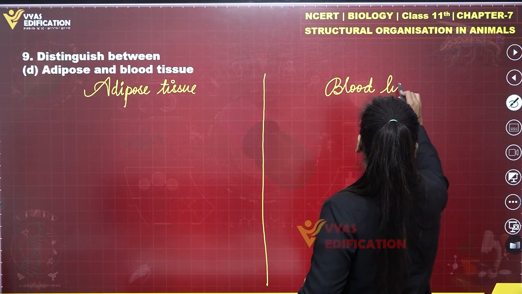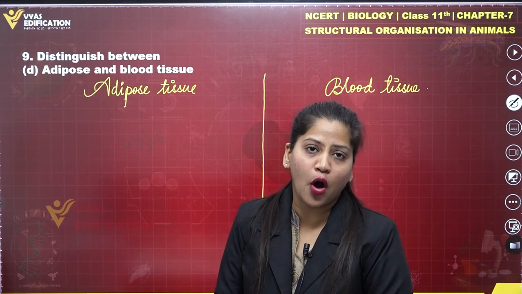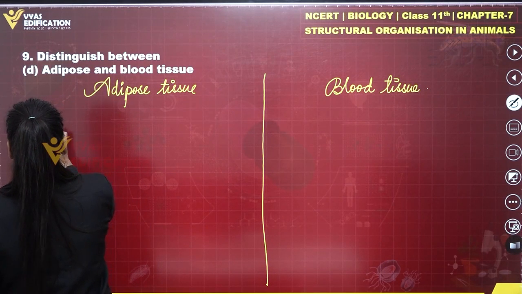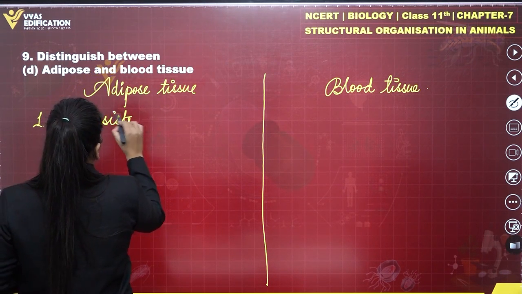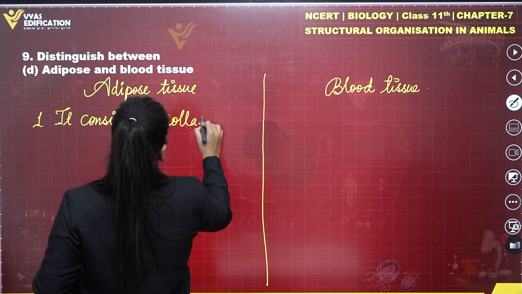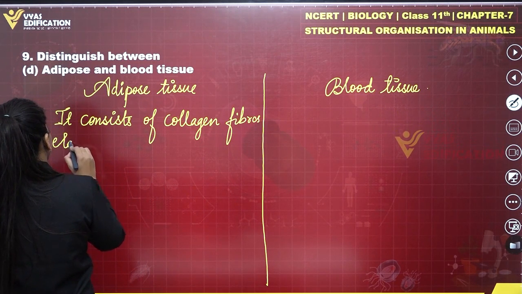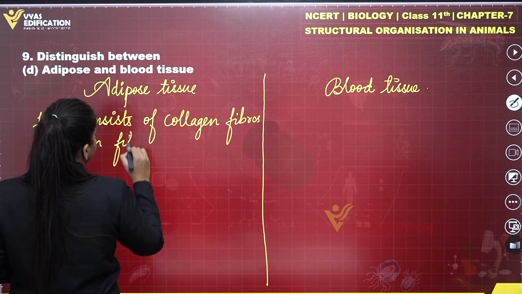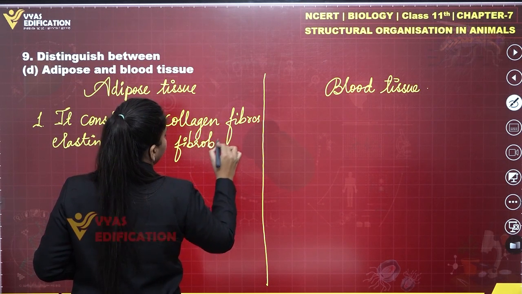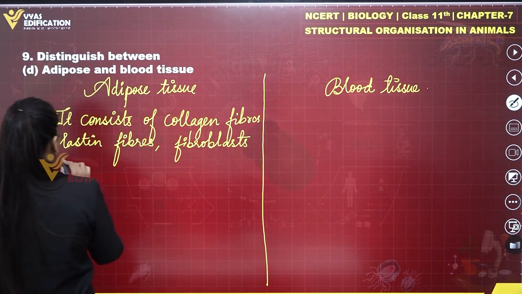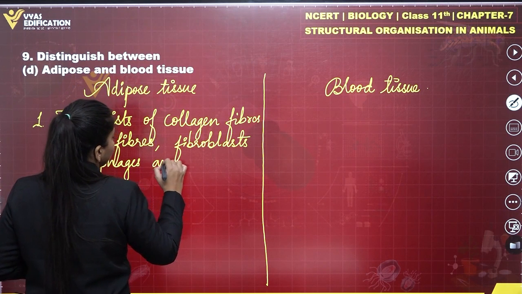The first point about adipose tissue is it consists of collagen fibers, elastin fibers, fibroblasts, macrophages and adipocytes.